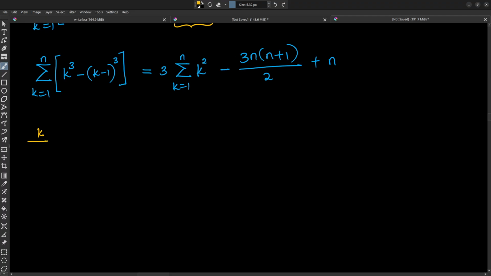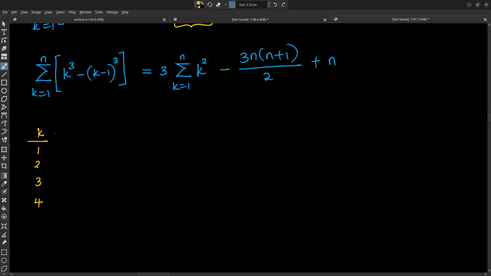Since we have said we are going to do this for the first 4 terms, this means k is going to go from 1 all the way to 4. So we know that our value of n is 4, of course, but this means that we are going to have values for when k is 1, when k is 2, when k is 3, and when k is 4.